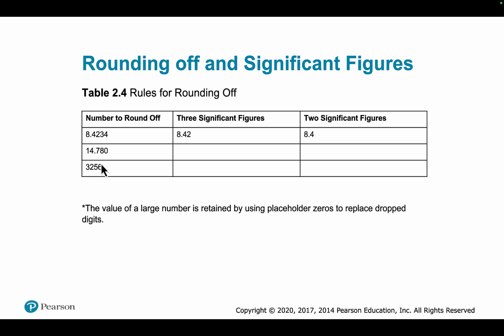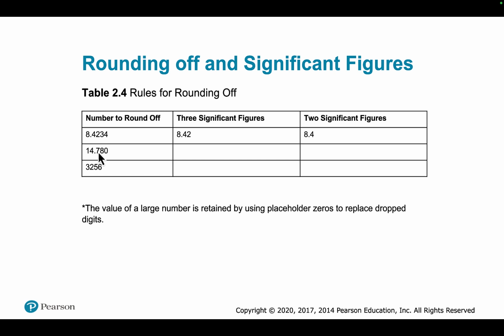When I'm looking at this 14.78, I retain the 1, I retain the 4. This 7, if I'm going to 3 significant figures, is my last retained digit. So I need to look to the right of that, which is an 8. That 8 is going to cause this to be rounded up to 14.8. If I want to round that to 2 significant figures, the 1 is retained. This would be my second digit retained.